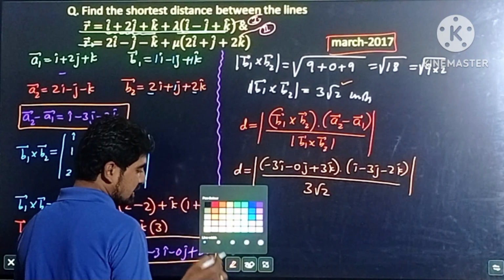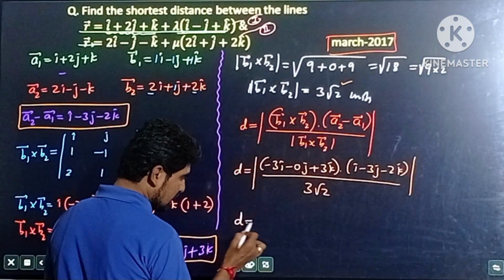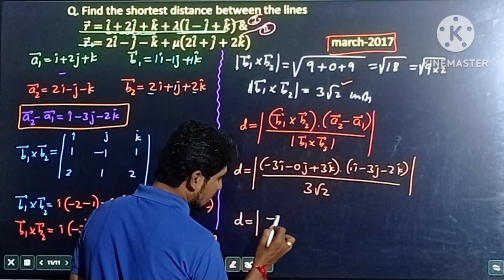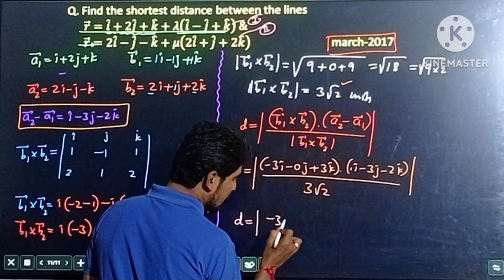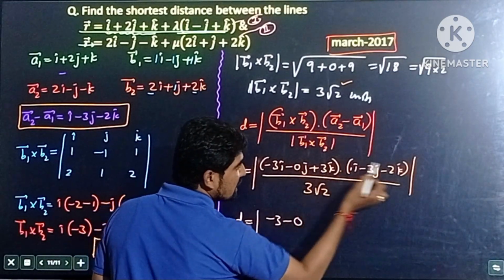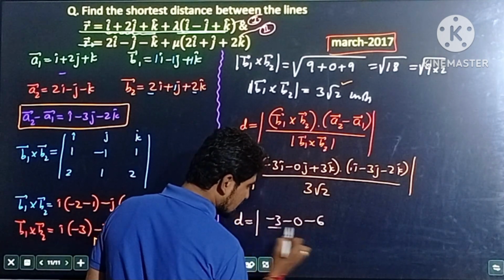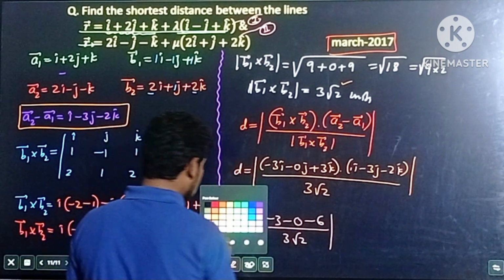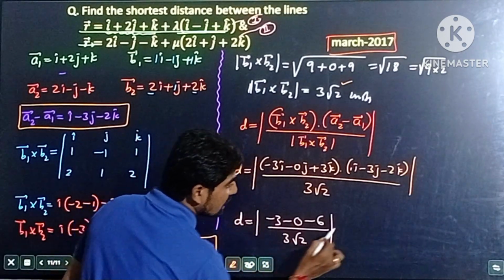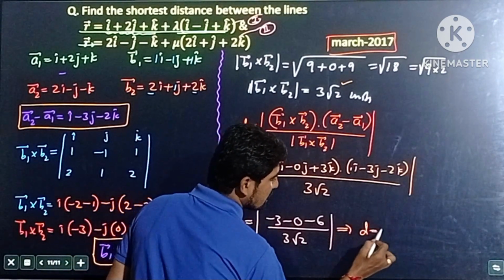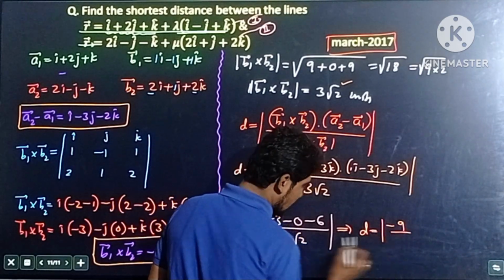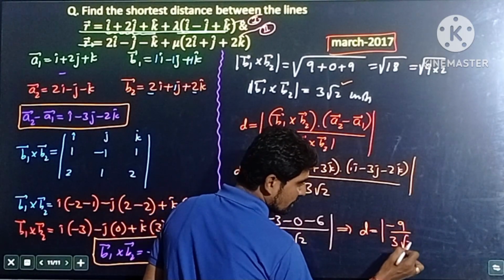Therefore, distance d is equal to the modulus of minus 3 into 1, minus 3, 0 into minus 3, 0, then 3 into minus 2, minus 6, divided by 3 root 2. So the modulus of minus 3 minus 6, which is minus 9, divided by 3 root 2.